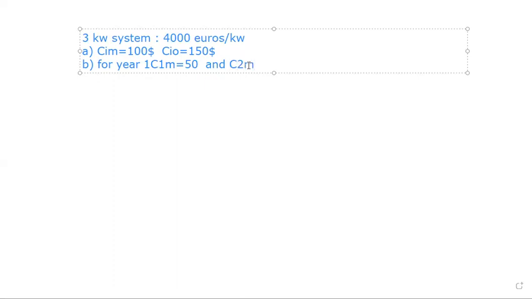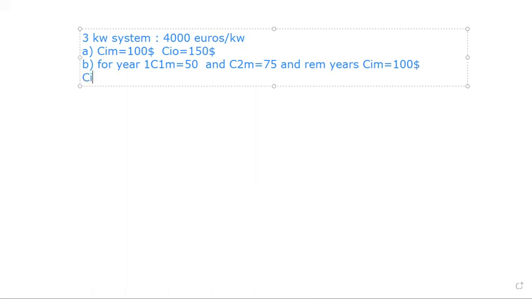For the second year, the cost will be $75. And for the remaining years, we have a maintenance cost C_i of $100. While the operational cost will remain $150. The operational cost will be the same for all years, $150.